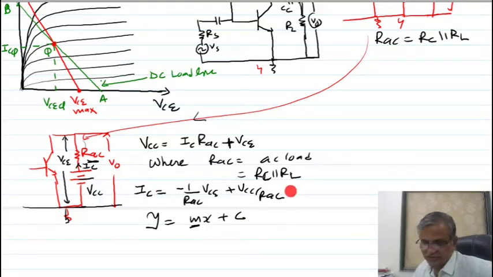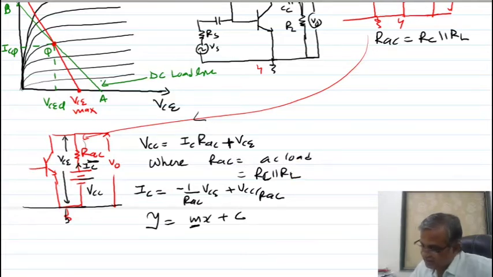Here RAC is very small compared to the DC load line. For the DC load line, what is your load? Only RC, only the collector resistor. For the AC load line, the AC load is RC parallel RL. Something in parallel, so the value decreases.